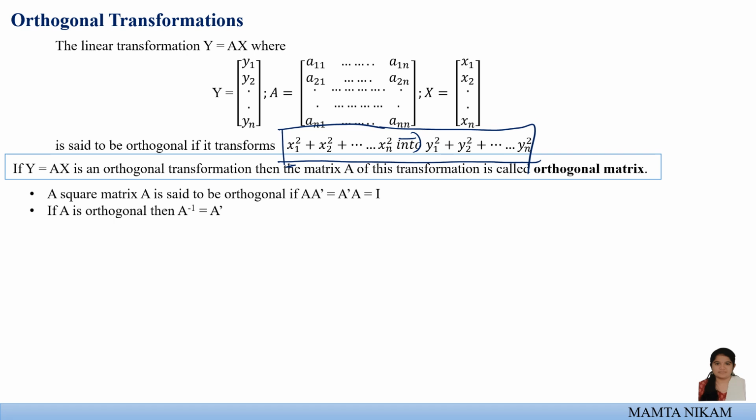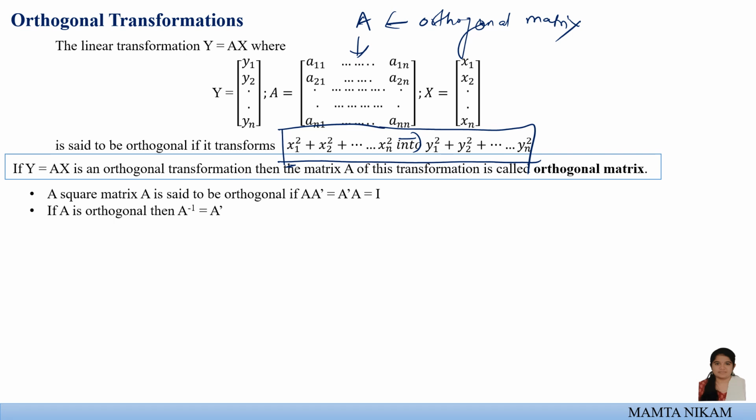And this matrix A, which transforms this linear transformation into an orthogonal transformation, which is helping us find an orthogonal transformation, is said to be an orthogonal matrix.